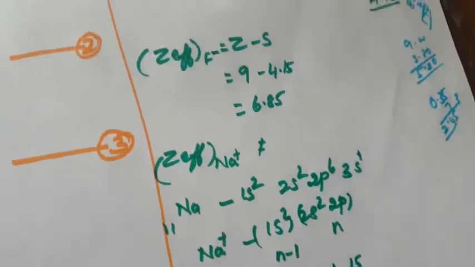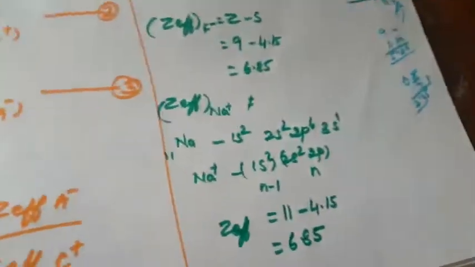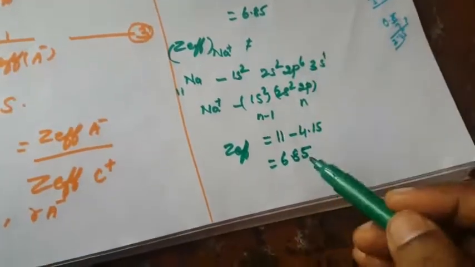Next, you substitute these two values. This is one value, this is another value.